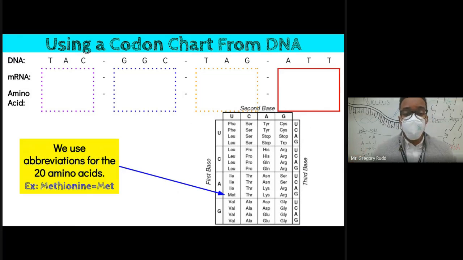Okay, so let's put it all together now. Let's demonstrate the two processes of both transcription and translation. The first thing we want to do here is transcribe from DNA to mRNA. So what does TAC get transcribed to?